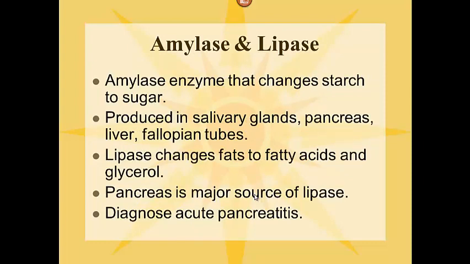Other parameters discussed in comprehensive metabolic panels are amylase and lipase. Remember that amylase is an enzyme that changes starch to sugar, is non-specific for an organ because it's present in the salivary gland, in the liver, in the duodenum, in the fallopian tubes, as well as the pancreas.